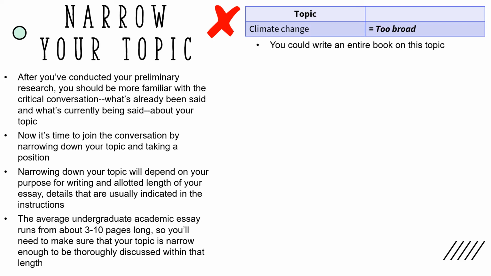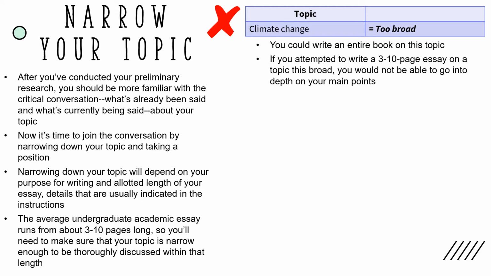You could write an entire book on this topic by going into detail about its history, its causes, its effects, steps that should be taken for mitigation, and various other viewpoints about what should be done about it. If you attempted to write a 3 to 10 page essay on a topic this broad, you would not be able to go into depth on any of your main points because you would greatly exceed the page count.